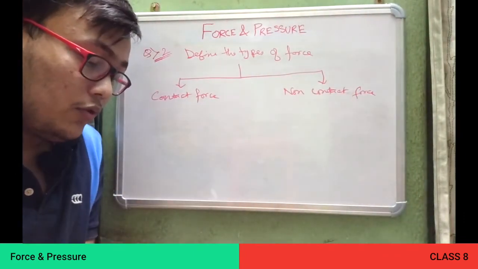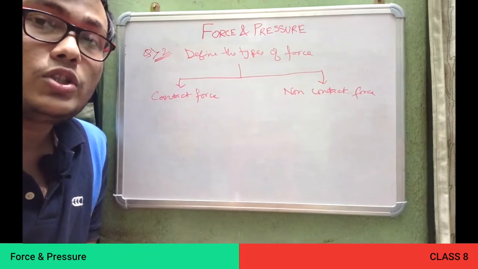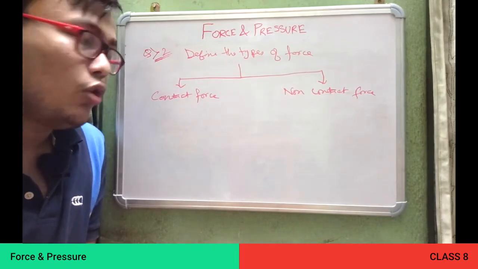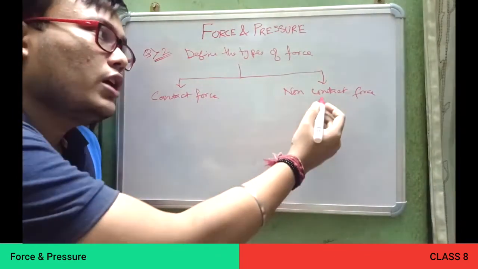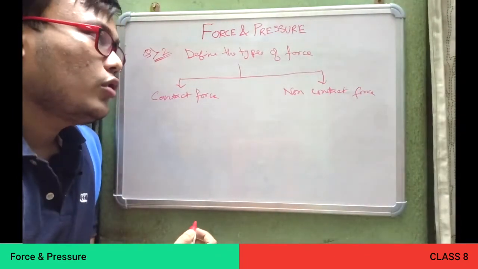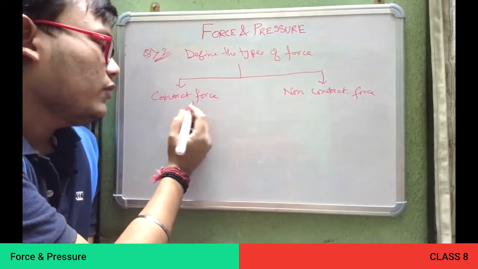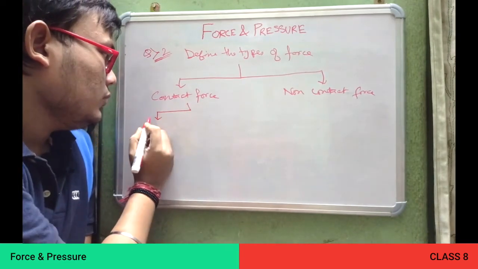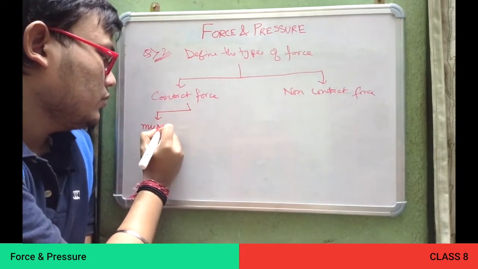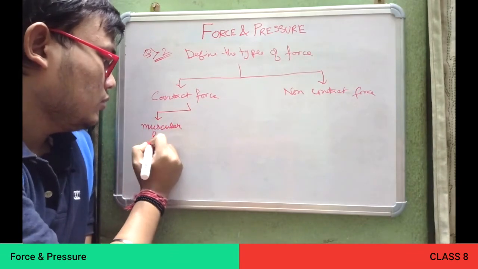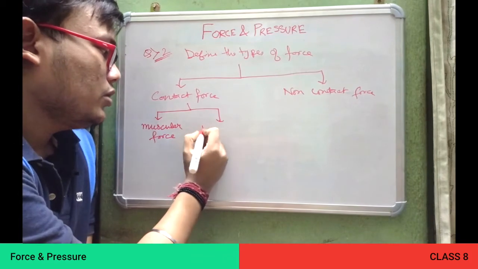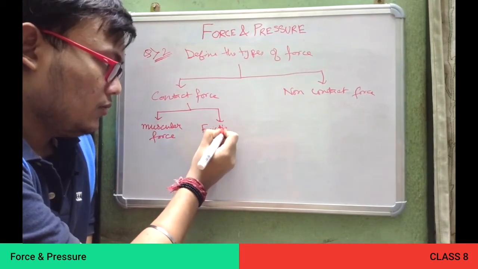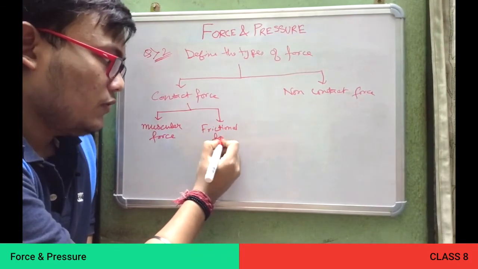The contact force is the force which applies on a body when they are in contact, and when the body is not in contact, we can term it as non-contact force. So contact force can be further classified as muscular force and frictional force, or the force of friction.